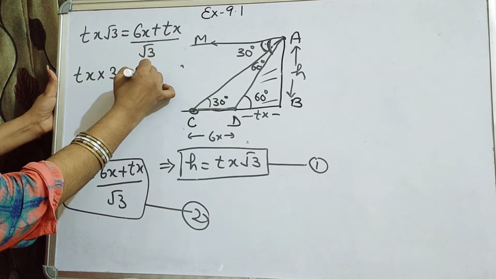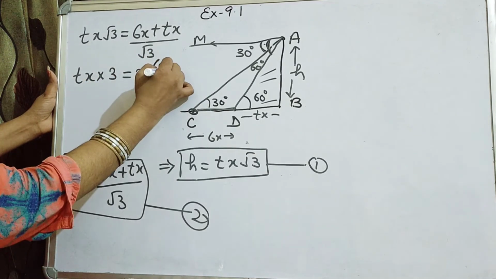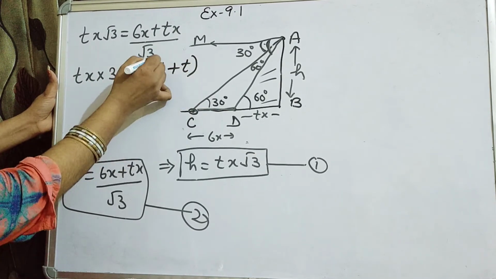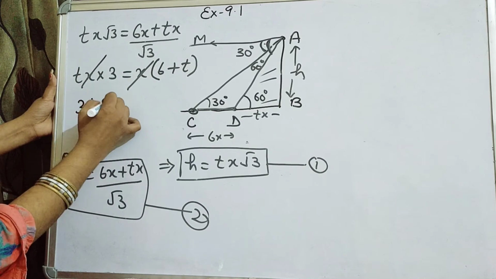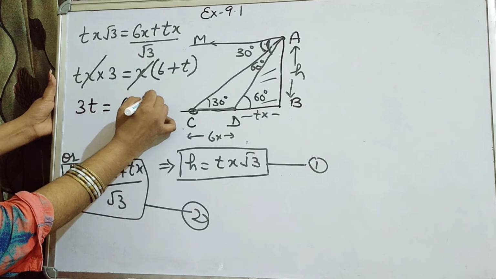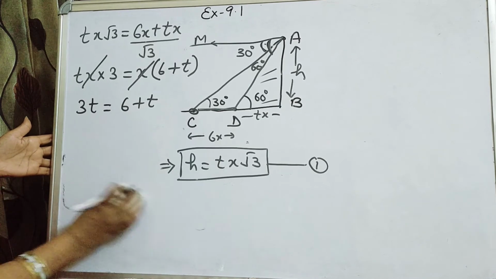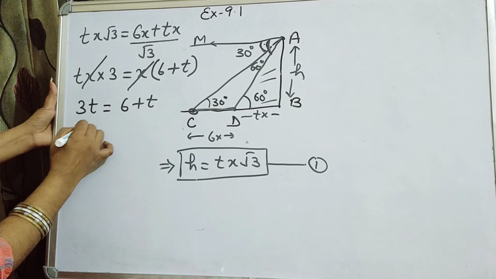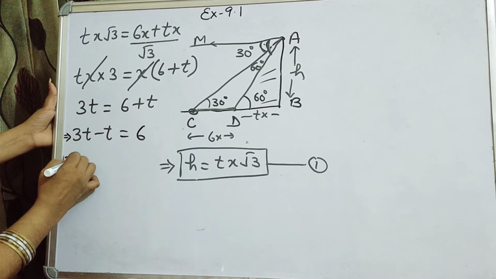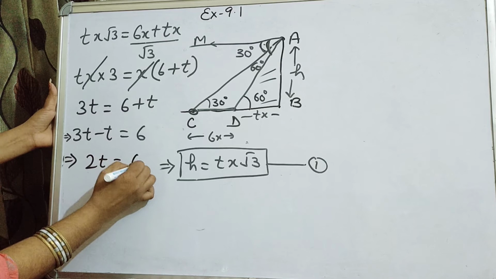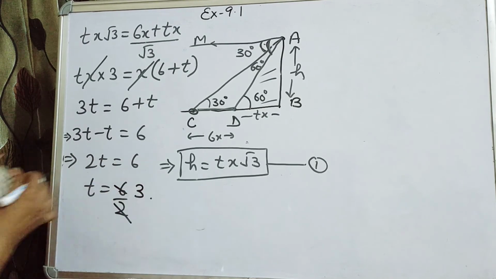I can take X common from these two terms, so I get X times (6 plus T). X will cancel out from both sides. This is 3T equal to 6 plus T, or I can put this T on the left hand side. So I get 3T minus T equal to 6, which implies 2T equal to 6, and T is equal to 6 by 2, that is 3.